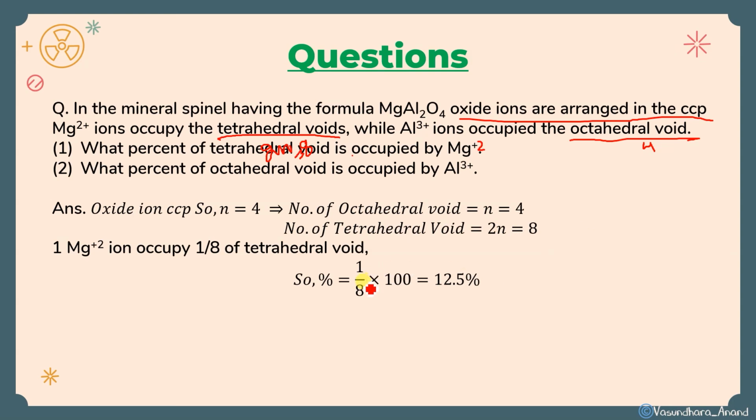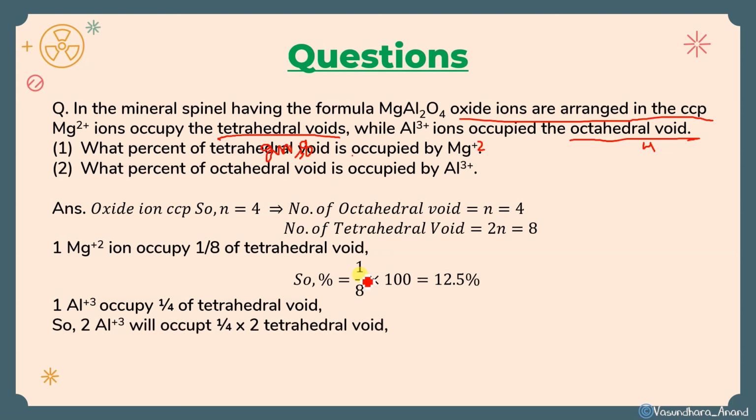Clear? So now think of it, what about the aluminium? Here only 2 aluminium are there. So out of 4, 2 will be occupied by aluminium, isn't it? Out of 4, 2 will be occupied. So what percentage? 2 by 4 into 100 will do, and it will be 50%. Understood?